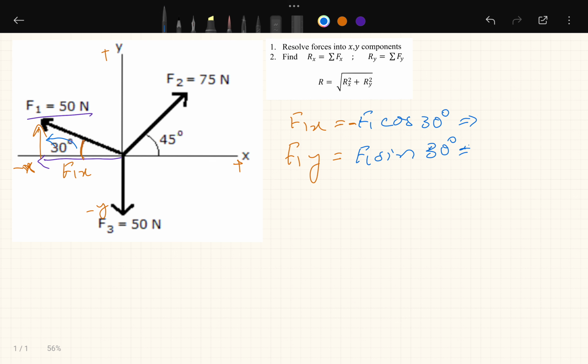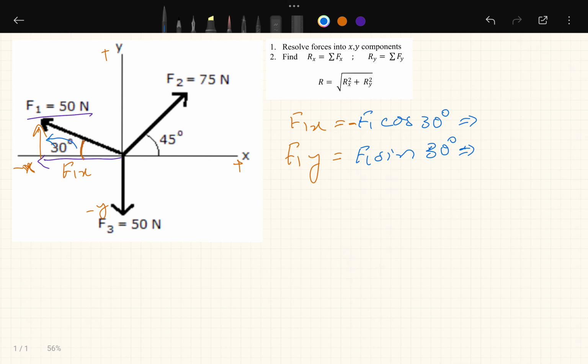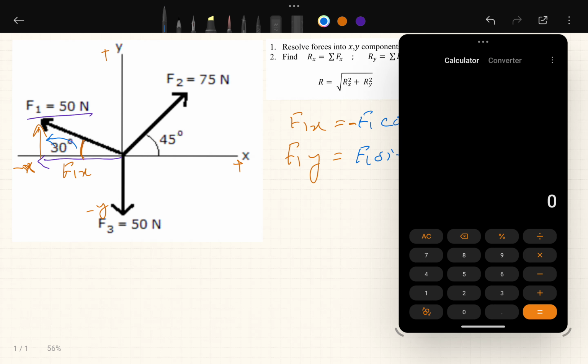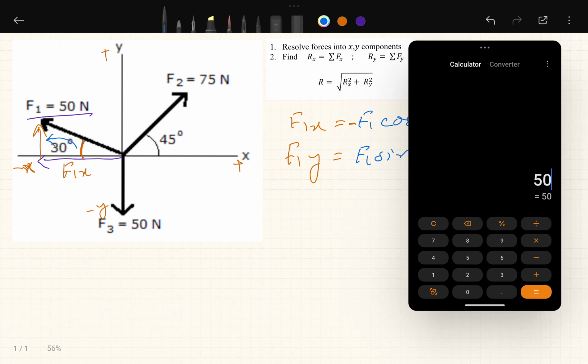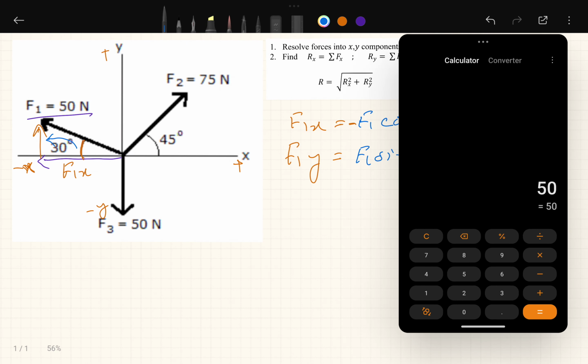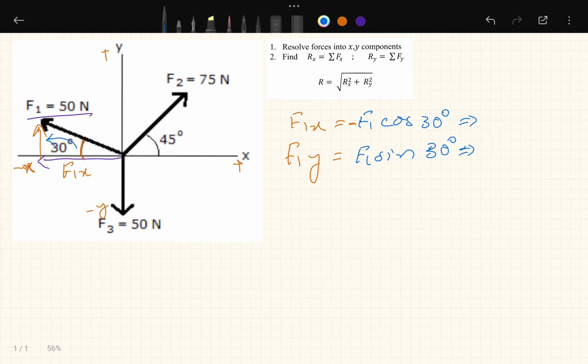Let me calculate them first and then we can move forward. In this case F1 is 50. So we have F1 cos of 30, which is 50 cos of 30, equal to 43.30.